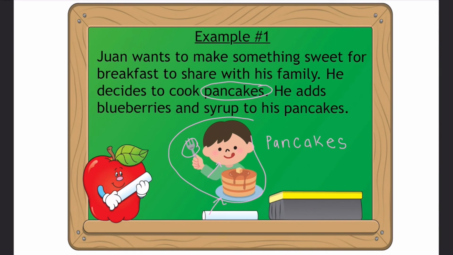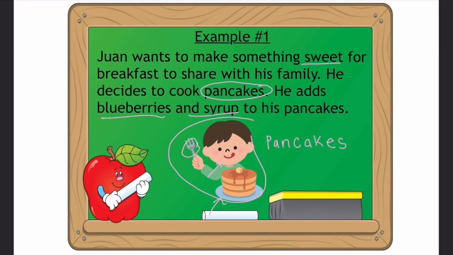And also we can take a look at the passage. The passage says that he adds blueberries and syrup to his pancakes. And so we know that he is adding toppings to something he can eat. So once again, we know that he's eating something. And the word sweet, where it says he wants to cook something sweet for his family, also shows how pancakes must have sugar or taste very sweet.